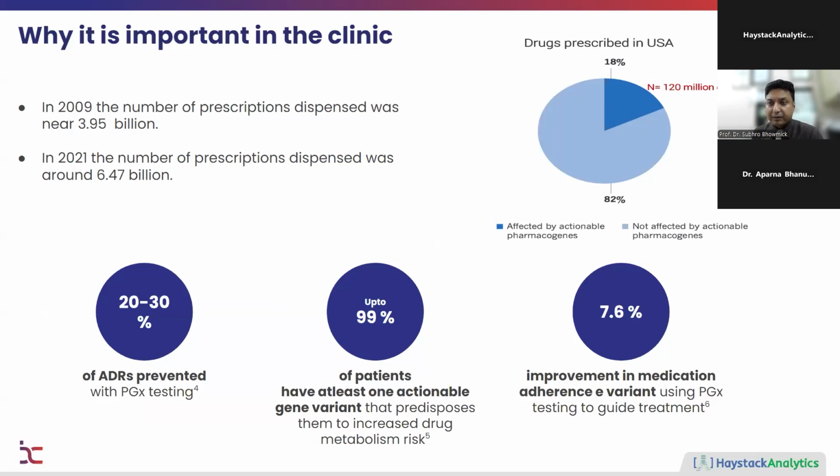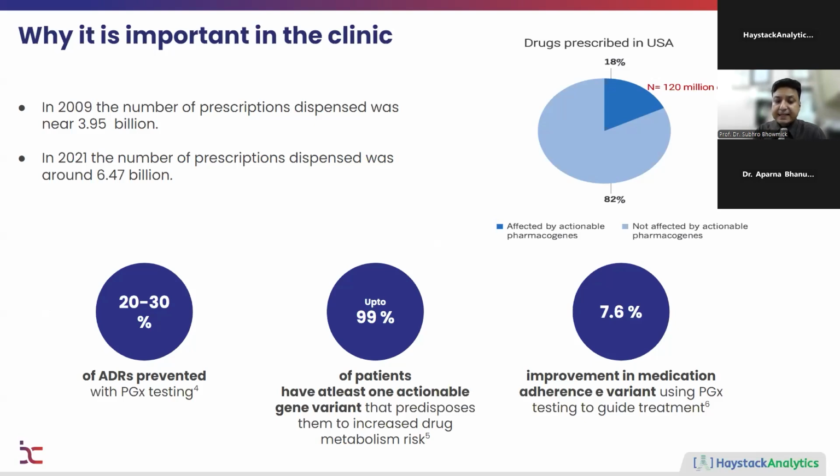So somebody takes an anti-diabetic drug and has allergic reactions all throughout the body. There are itching reactions. So can we predict those reactions by looking at the genetic profile of these patients? The answer is yes. So 30% of ADRs were prevented by genomic testing. 99% of the patients have at least one actionable genetic variant that predisposes to altered drug metabolism.